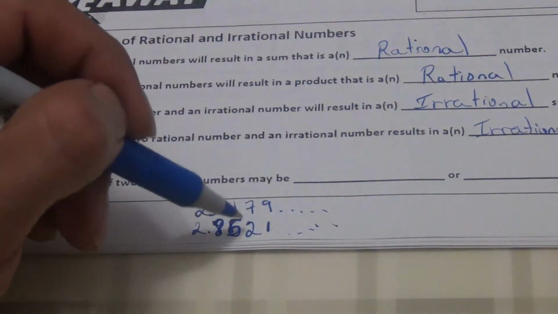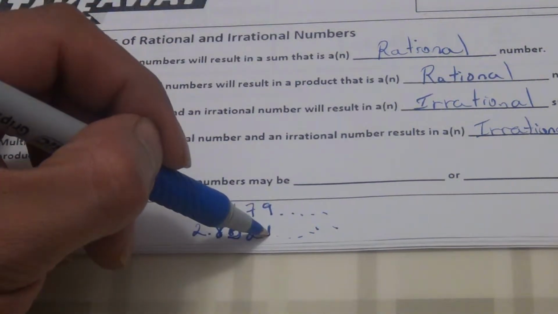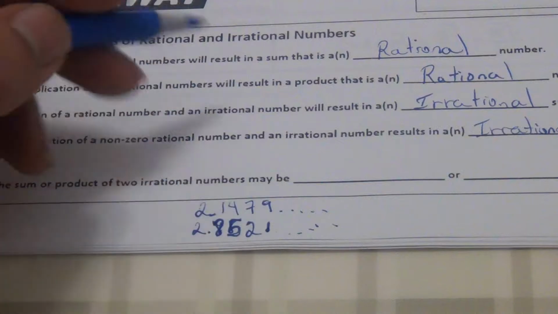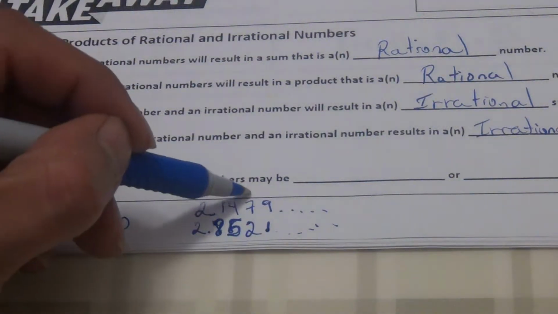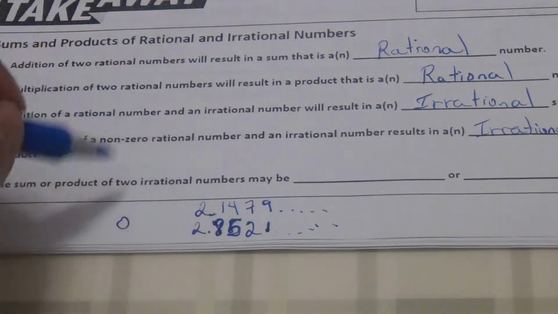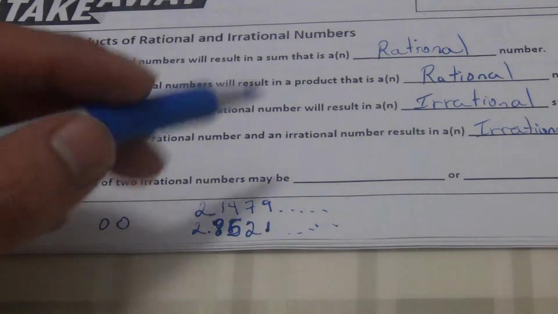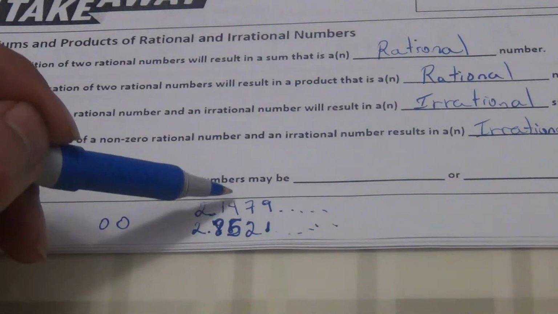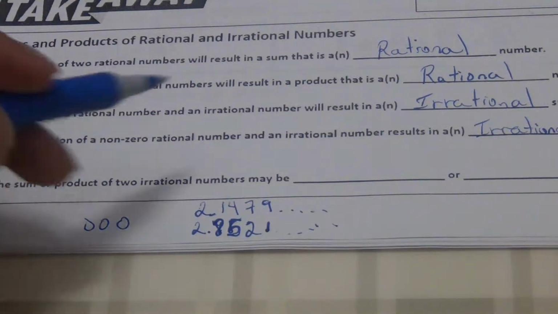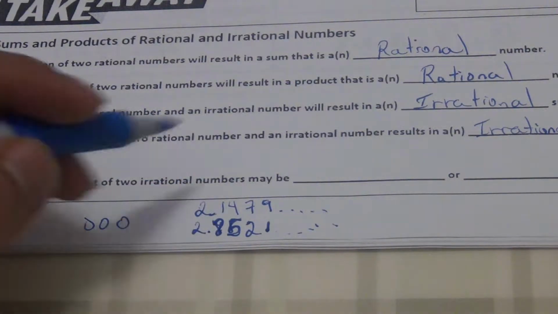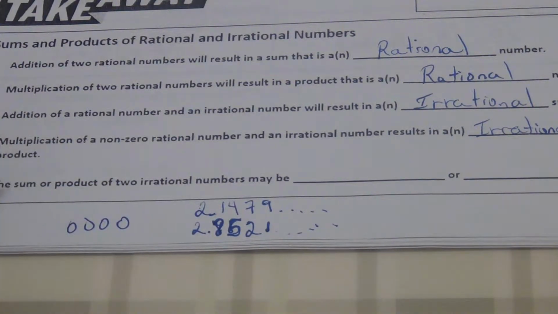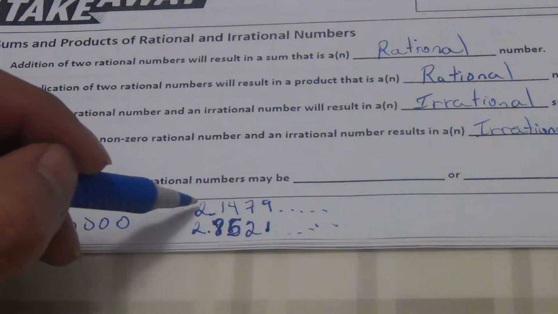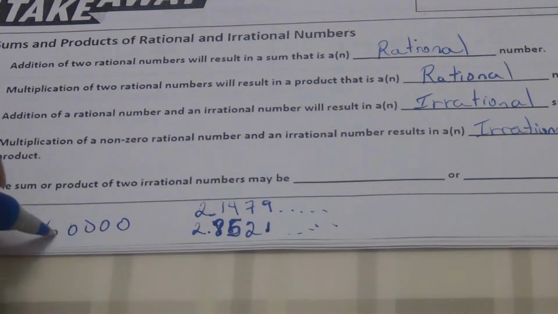So I'm assuming that if I was to add this, I get 0. Okay, that's 9 plus 1 is 10, so I put the 0, right? And then carry 1. 8 plus 2 is 10, so that's 0. Then carry 1. 5 plus 5 is 10, so that's 0. Carry 1. 2 plus 8 is 10, that's 0. And then carry 1, so 3 plus 2 is 5.